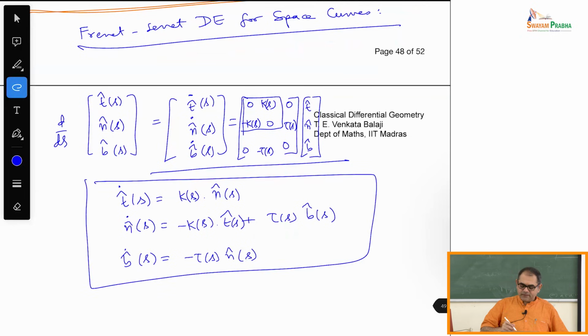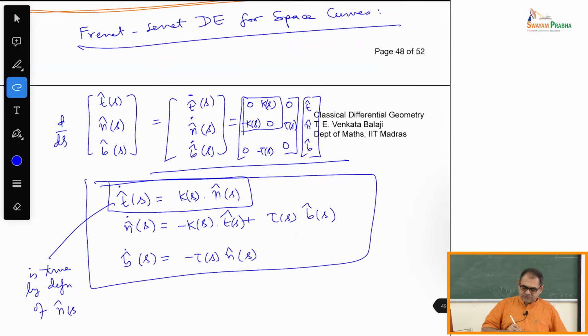Out of these 3, this was the starting point. See, the first equation, why is it true? That is the definition of n cap. So it is true by the definition of n cap, because n cap was defined as 1 by ks t cap dot. Okay, then this one we derived, we just showed that the rate of change of the binormal is parallel to the normal direction, and the scalar involved is negative of the torsion.